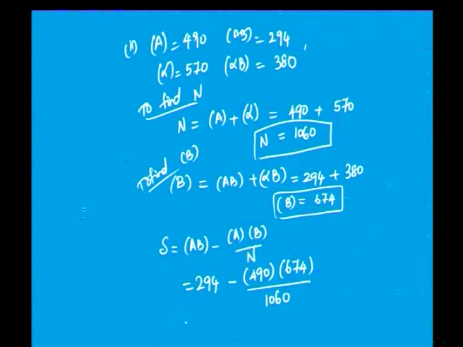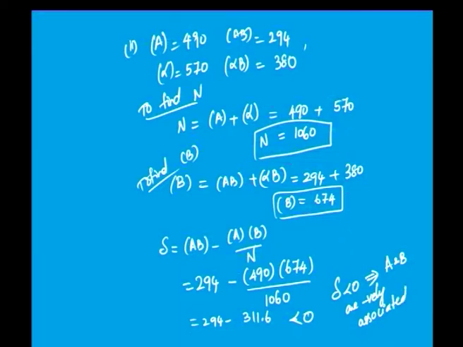Okay. And this value gives you 294 minus 311.6, and this answer is less than 0. Therefore, delta less than 0 implies A and B are negatively associated.